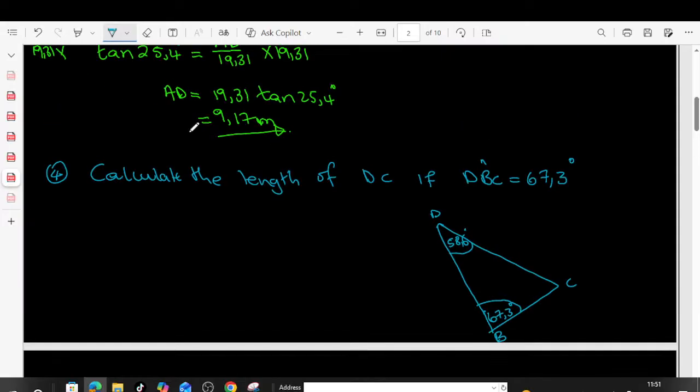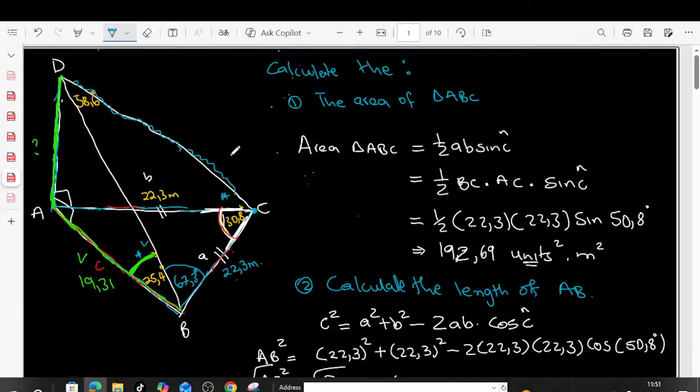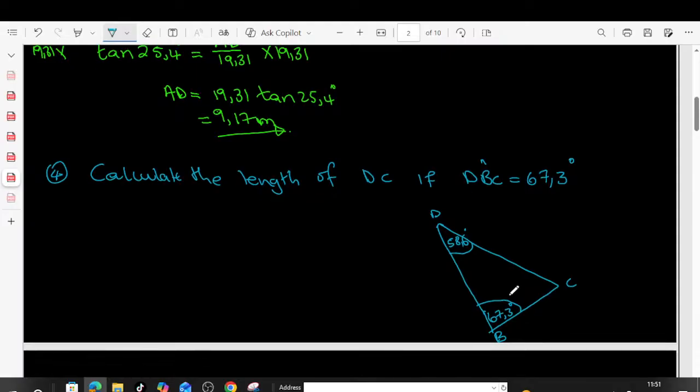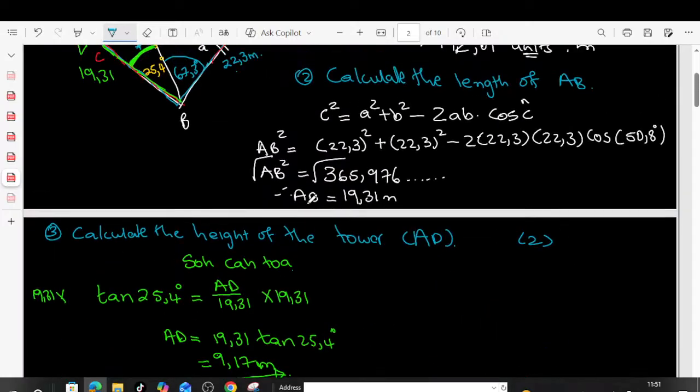So if I go back up, this is what I did: I just removed my triangle and put it down there. Now this length BC, we know that it was equal to AC, which was 22.3 meters.